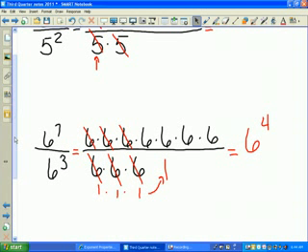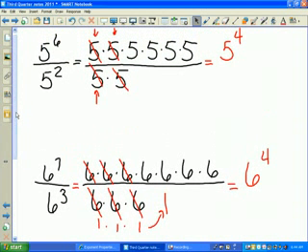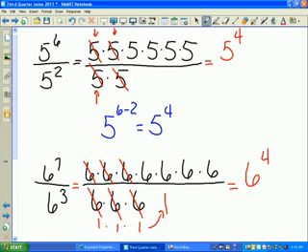So now, what's the situation? What's actually going on here? What will be the shortcut? So if I refer back to the first one, if I started out with 5 to the 6th power divided by 5 squared, I would get an answer of 5 to the 4th. What's actually occurring? To me, it seems like if I have the same bases and I'm dividing, I'm actually subtracting my exponents.